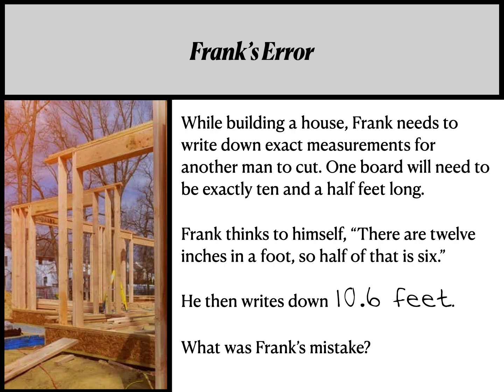But see, he didn't take into account that decimals are based on the number 10. So half is not 0.6. Half is always going to be 0.5. He should have written down 10.5 feet.